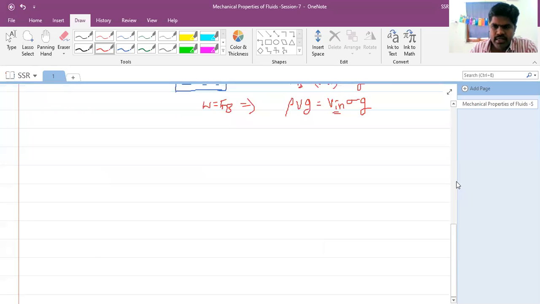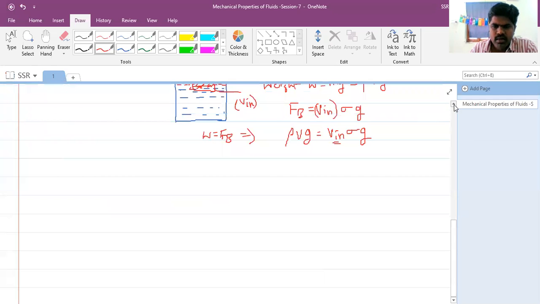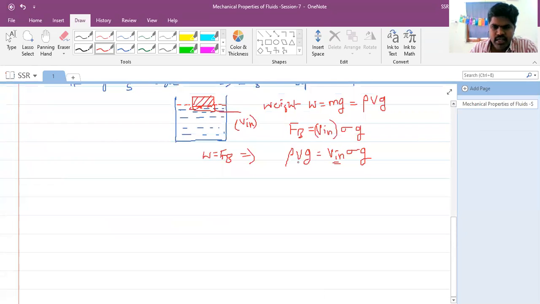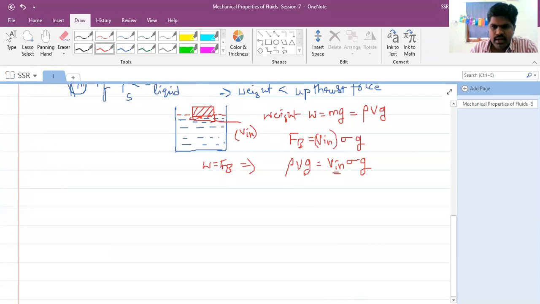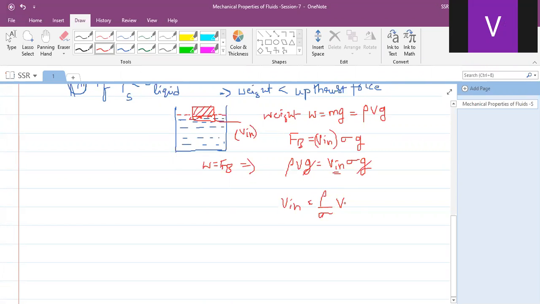From this we can calculate how much volume is immersed into the liquid. g cancels, so V in is equal to rho by sigma into V. If you know the volume of the body, the density of the solid and the density of the liquid, then you can calculate how much volume is immersed inside the liquid. Still it is in the flotation condition.